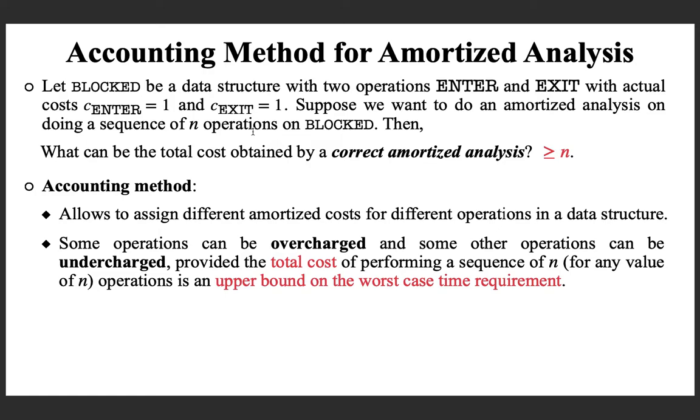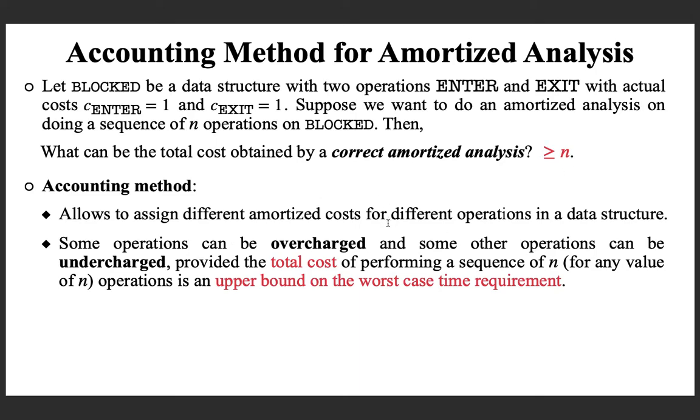Some operations can be overcharged and some other operations can be undercharged, provided the total cost of performing a sequence of operations is an upper bound on the worst case time requirement. If this is the worst case time requirement, then the total cost obtained by the analysis must be greater than or equal to n.